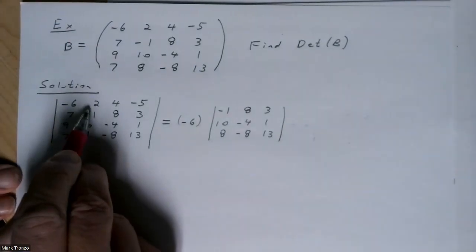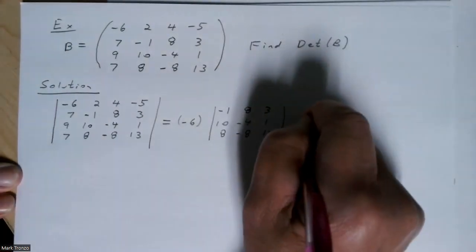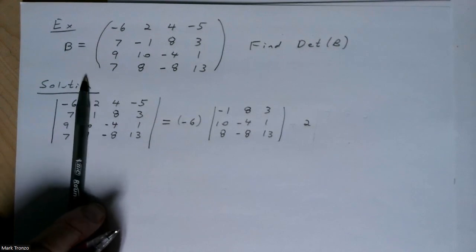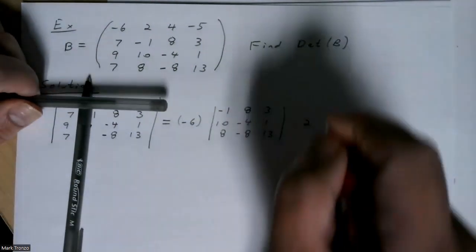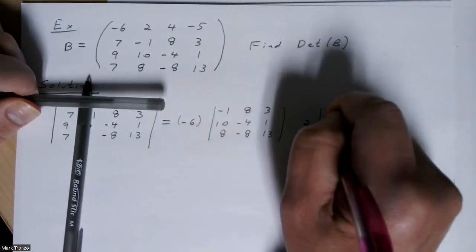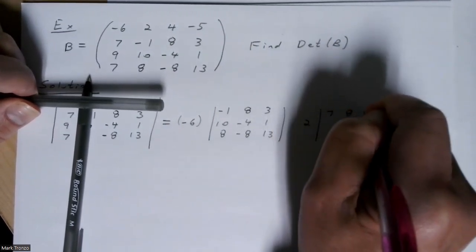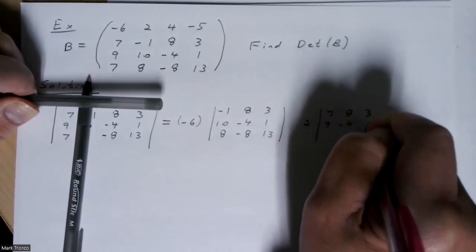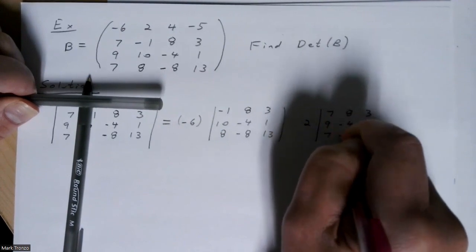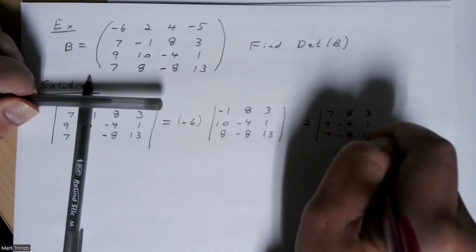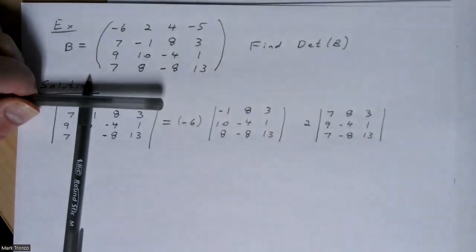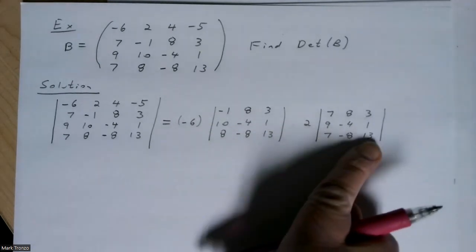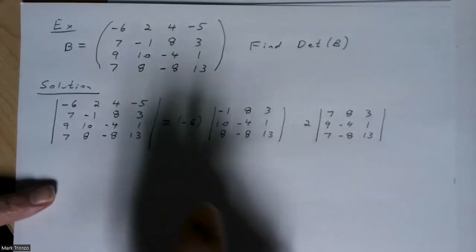Then go to the next entry in the first row, which is 2, and put that 2 in front. Then cover up that column, that row, and write down what is left. Like that. And I didn't leave myself much room here, so I'm going to have to go down the page a little bit.